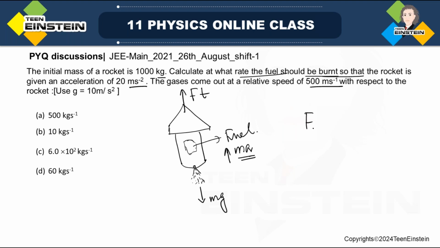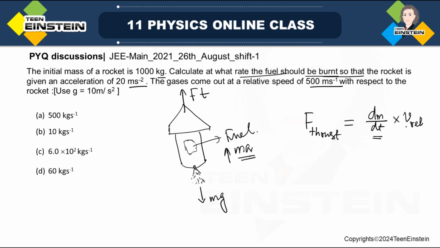The up thrust, or the force of thrust in the upward direction, is given by the rate of change of the mass of the fuel into the relative velocity of the gas coming out. This rate of change of mass is what we have been asked to find out.